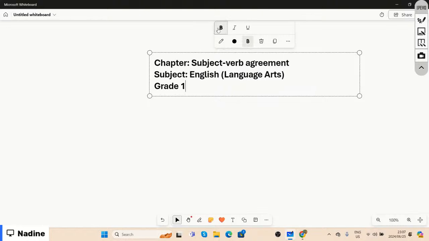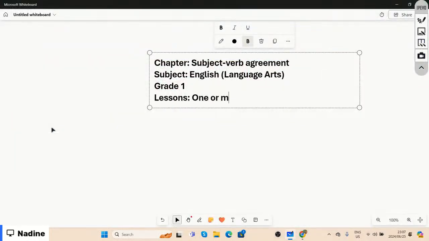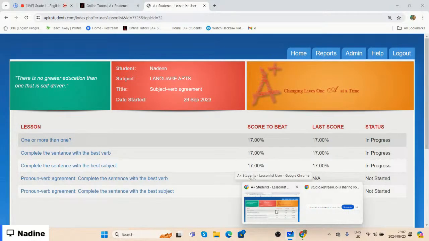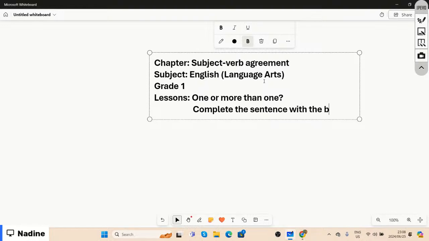And that is going to be one or more than one, as well as complete the sentence with the base verb.